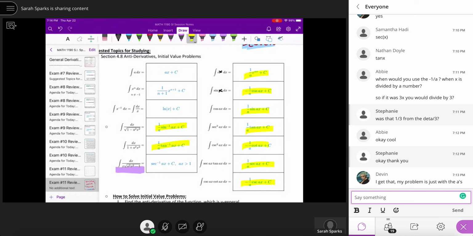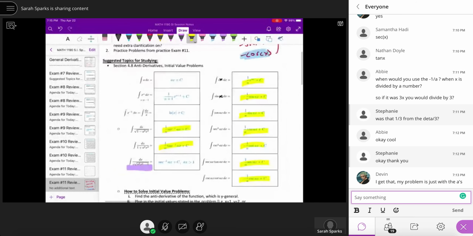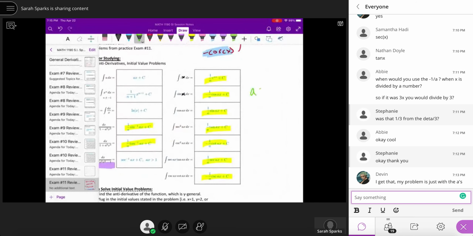So my suggestion would be to just write it normally, and then if you see that constant in there, write to yourself a equals that constant. I'm just going to call the constant c. And then you just divide 1 by that constant, right? Your constant can be like 1/3, and you divide by 1/3, or your constant could be 2, or it could be 100.